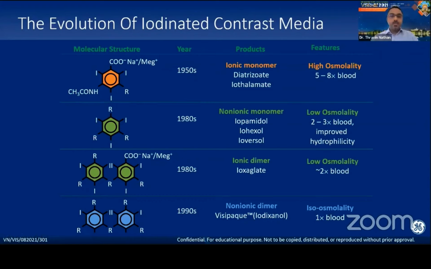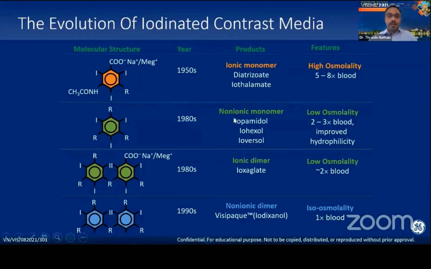So right at the top of this slide, you would see the ionic monomer group. And these are typically the high osmolar contrast agents. Please note that they are called high osmolar contrast agents and their osmolarity is about 5 to 8 times higher than that of blood's osmolarity.